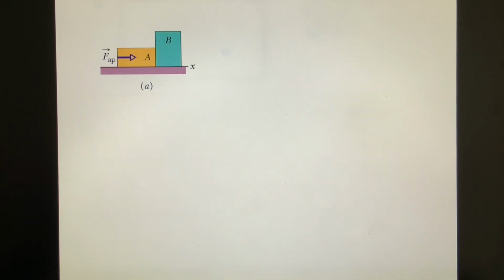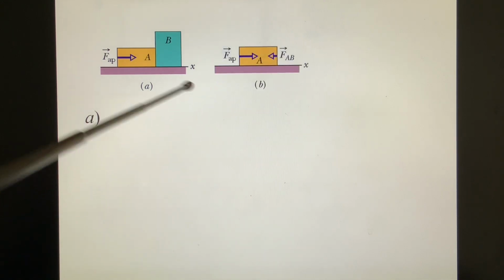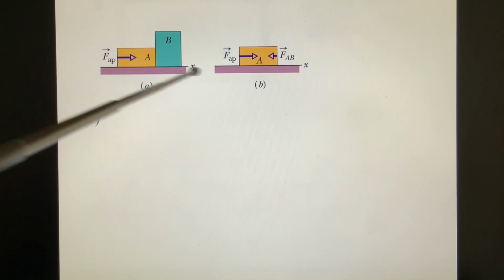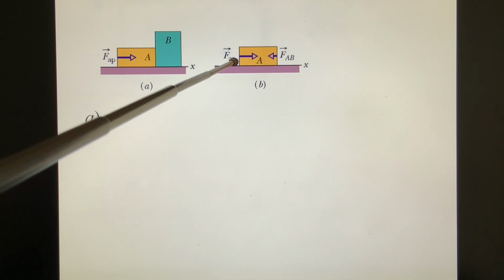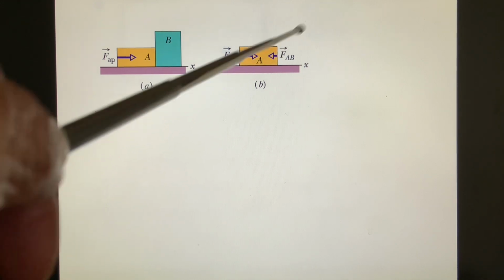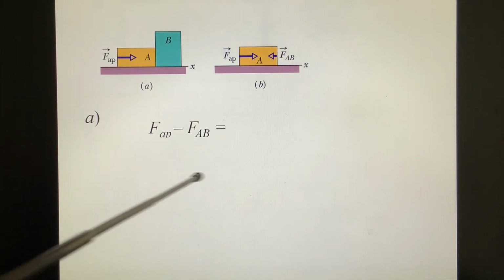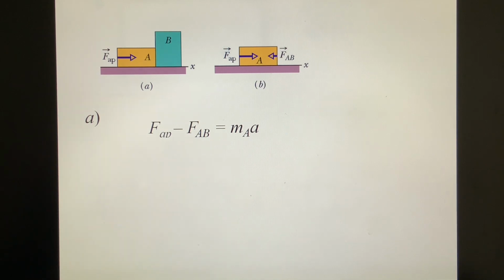Now, we look at this one, we have different ways to do it. First, we look at A. A moves, and A is exerted by two forces: the applied force F and the force FAB from block B. Then we see this one minus this one equals MA a.